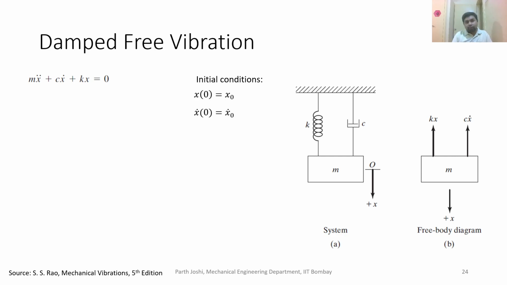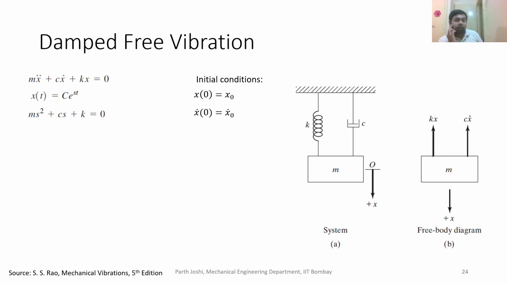So we can assume a solution of the form x equals c e to the power st, and substitute this solution in the differential equation. We differentiate twice and substitute, and we get a characteristic equation which is m s square plus c s plus k equal to 0.